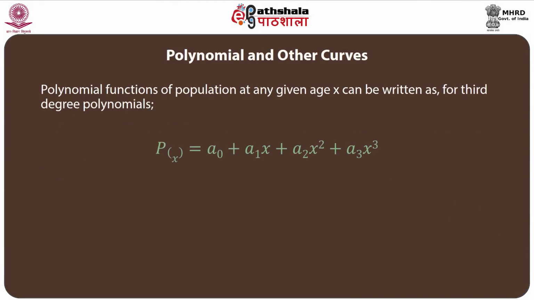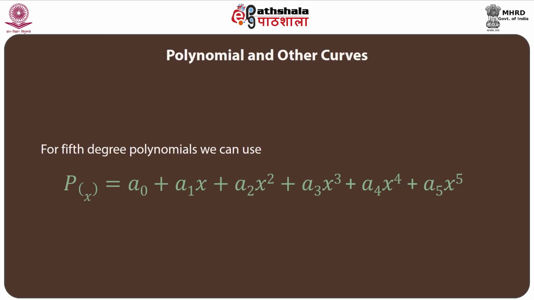However, the polynomial function of a population at any given age x can be written as Px is equal to a0 plus a1x plus a2x squared plus a3x cubed. This is a 3rd degree polynomial because it goes up to x cubed.